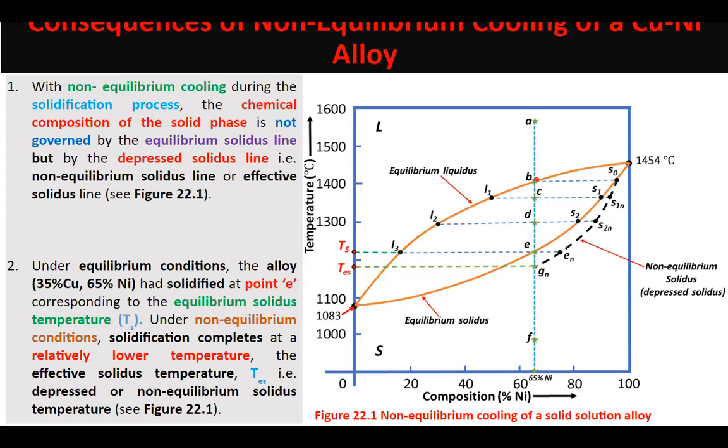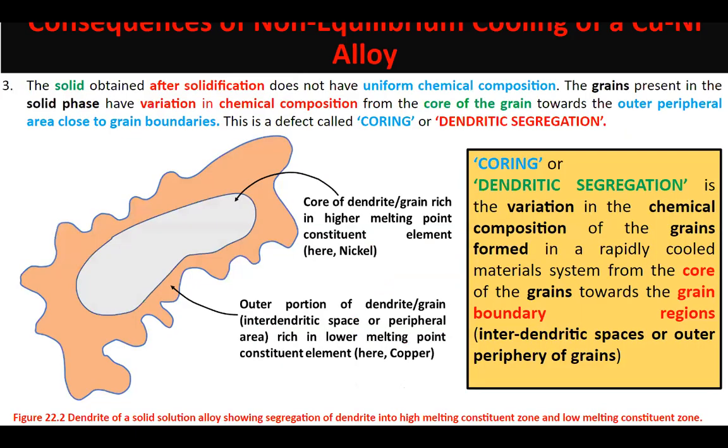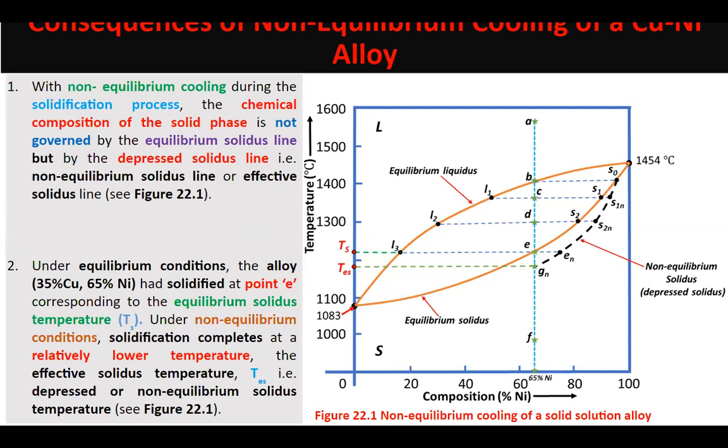Point number 2: under equilibrium conditions, the chemical composition of the solid phase is governed by the equilibrium solidus line, but under non-equilibrium conditions, it is governed by a depressed, newer line, called the effective solidus, non-equilibrium solidus, or depressed solidus line. These two conclusions you can see from the diagram.